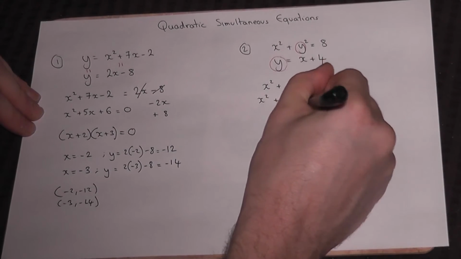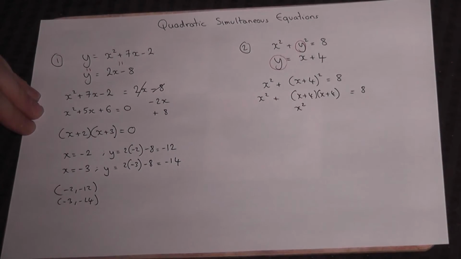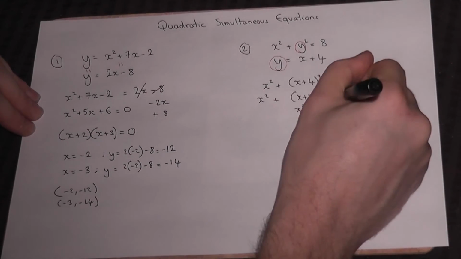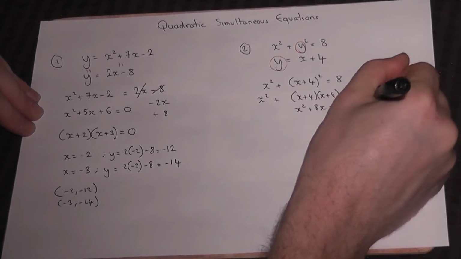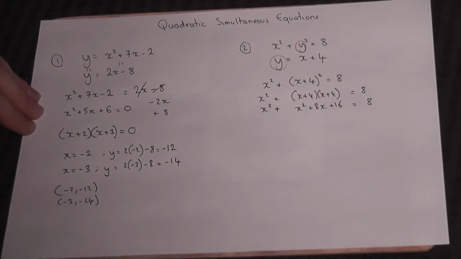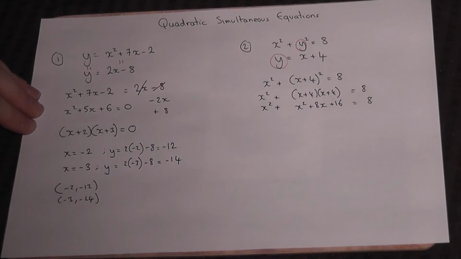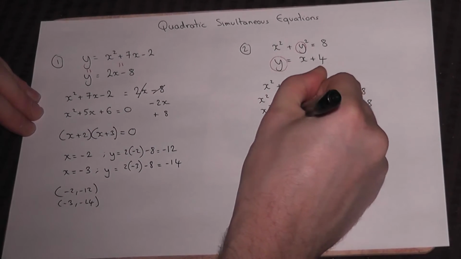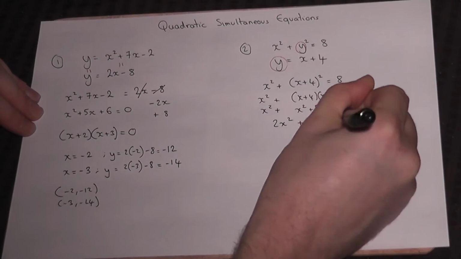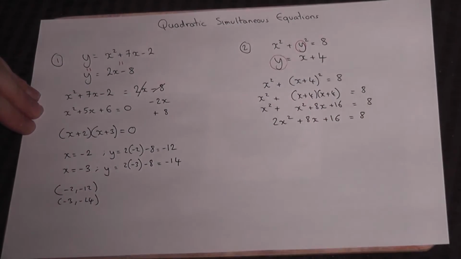It gives us an x squared, 4x and 4x is 8x, and 4 times 4 is 16. We have an equals 8, and we have an x squared. We then simplify. X squared plus x squared is 2x squared, plus an 8x, plus a 16 equals 8.